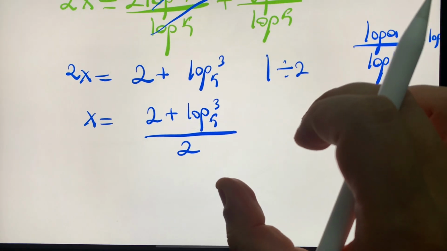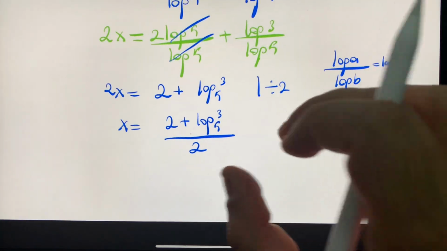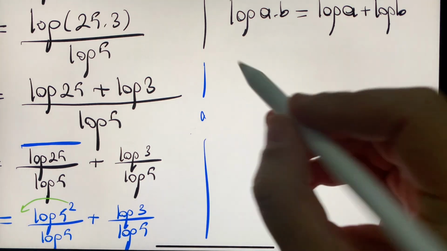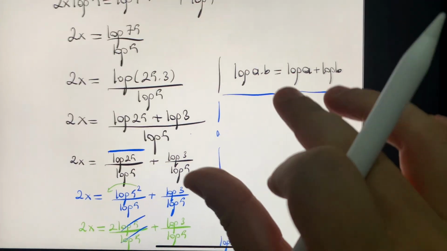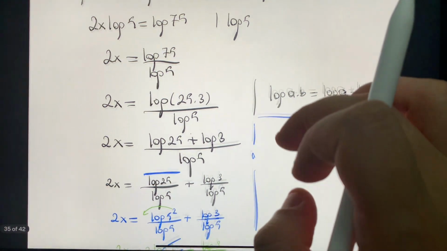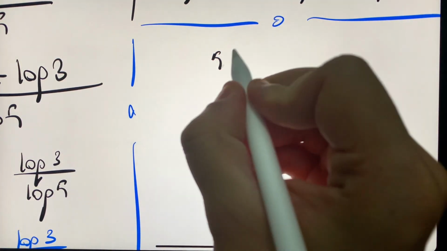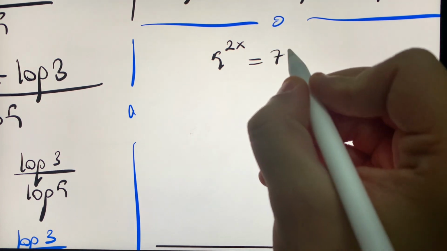Now that we found it, let's check the answer, guys. Let's remember what our initial question was: 5 to the 2x is equal to 75.